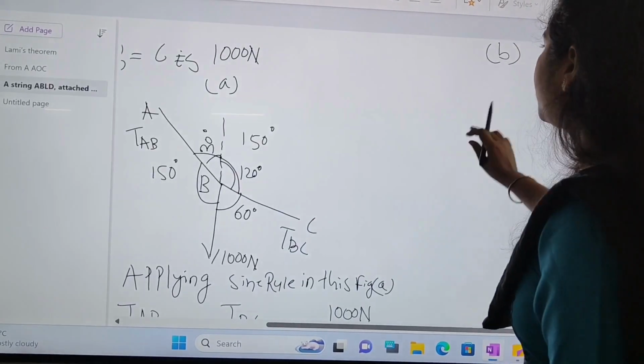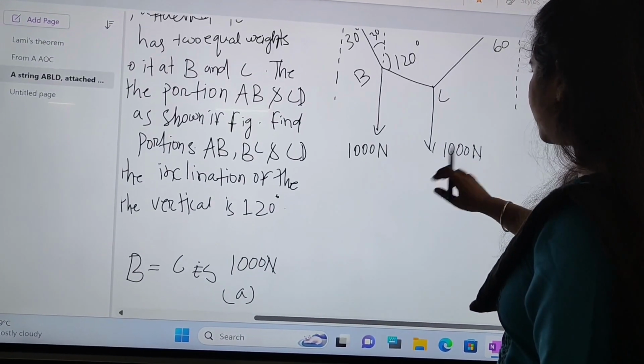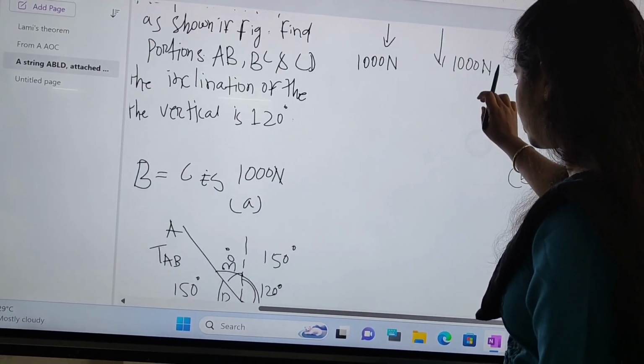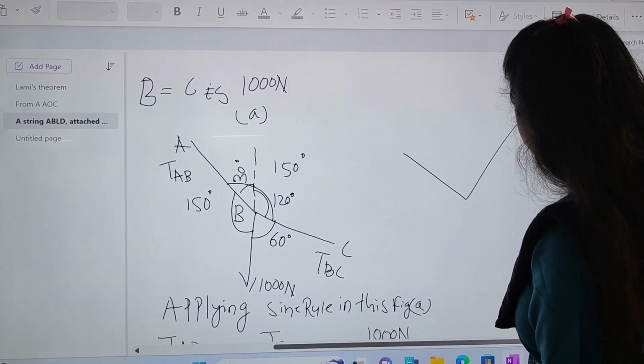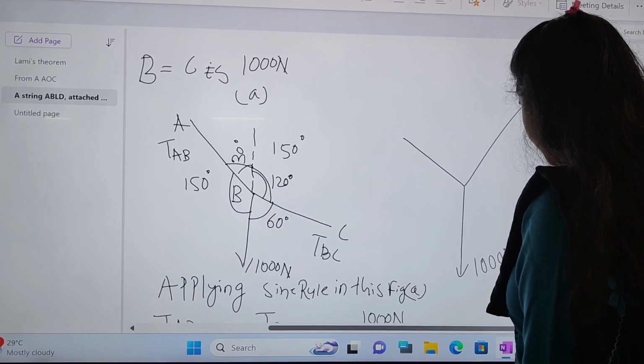Next step, we prove these sides. So we write down another free body diagram and name these sides B. So the diagram is here.